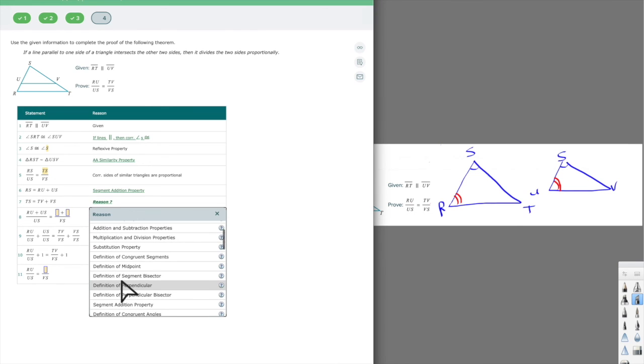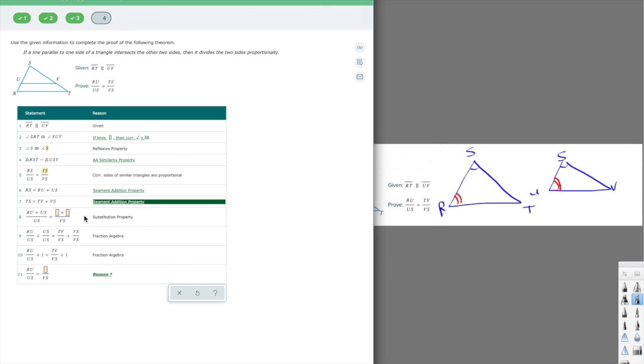Okay. So now what are they doing? Substitution property. So I have a clue as to what they're doing here when we have fill in the blank. RS plus US over US. If we go back up here to step 5, we had a proportion that was RS over US. And now they've changed it. It's still over US, but now it's RU over US. Well, in step 6, we showed that RS, which is this guy, is equal to RU plus US.